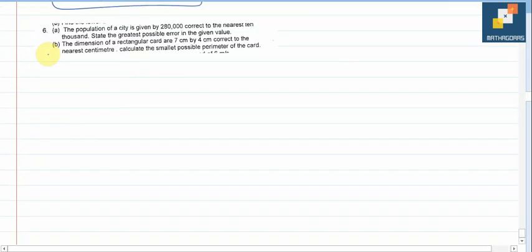The population of a city is given as 280,000. So first, the original figure is 280,000, correct to the nearest 10,000. Now how are we going to find the scale factor? The number is 10,000 and you need to divide it by 2, so it's 5,000. That is your scale factor. The original figure is 280,000.